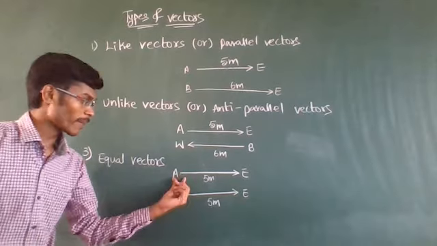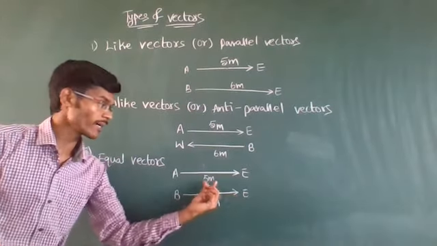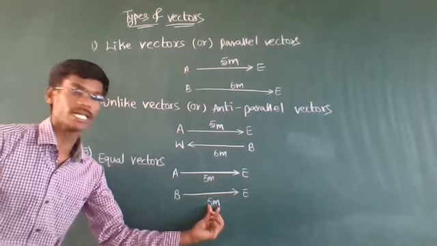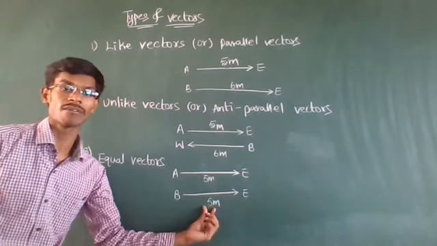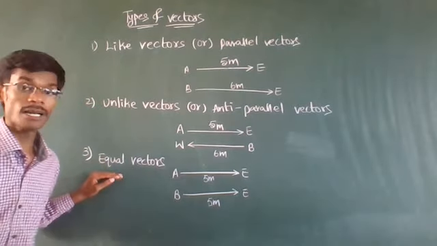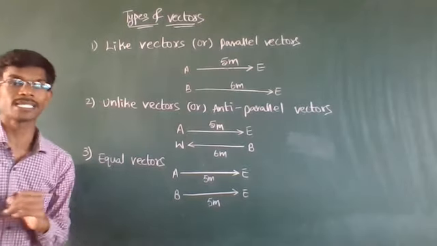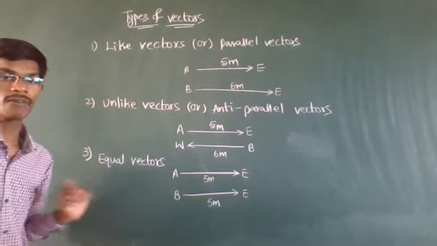Both are running along the east direction and both have covered equal distances. So these types of vectors we will call equal vectors. The vectors which have both the same magnitude and direction, we call equal vectors.